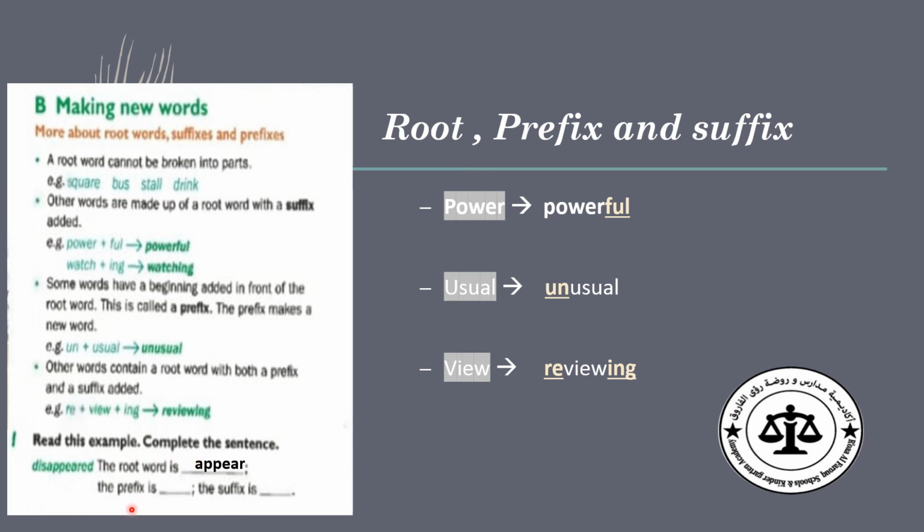Where is the prefix in this word? Prefix, the letters which are added at the beginning of the root word. This is dis. Excellent. And the suffix at the end of the root word, and this is ed. Excellent.